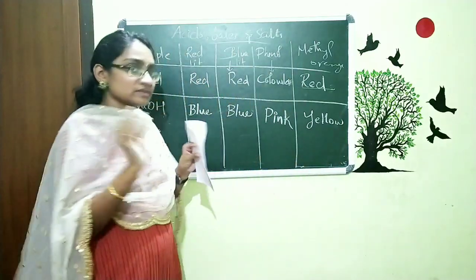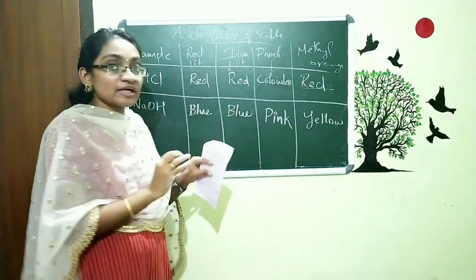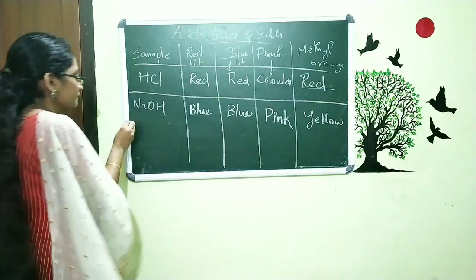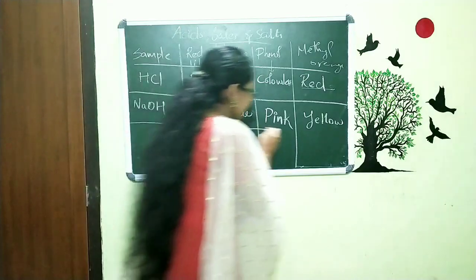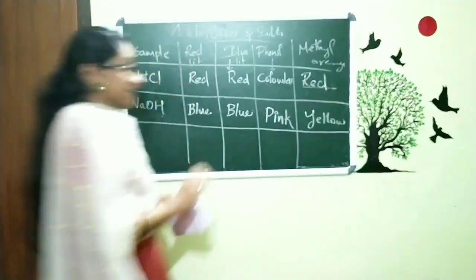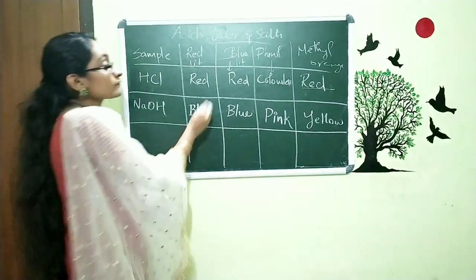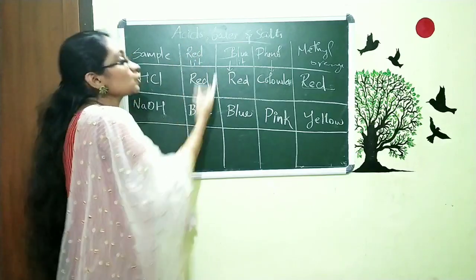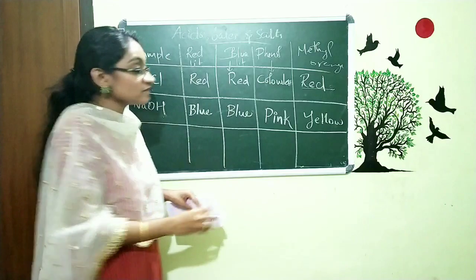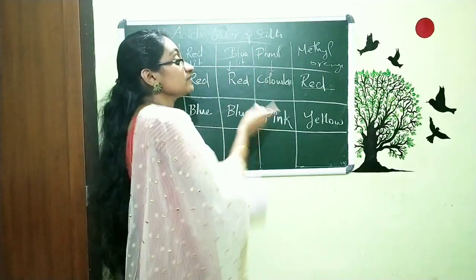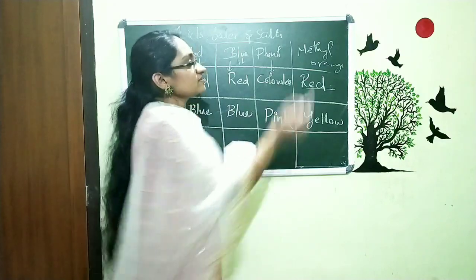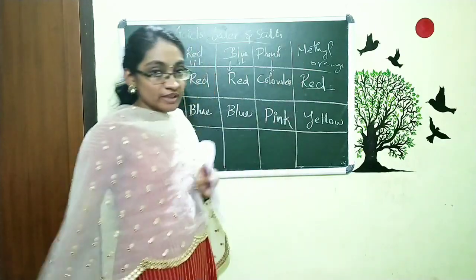Normally it has a yellow color, so we can say there is no color change. That means for the base, for the litmus, red will turn into blue, and blue remains blue itself. For phenolphthalein, the colorless solution will turn into pink, and the methyl orange is in yellow color.